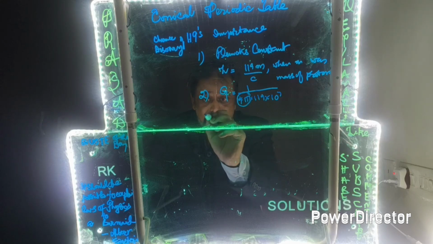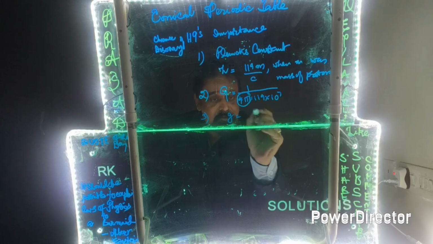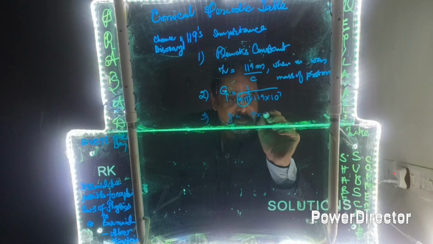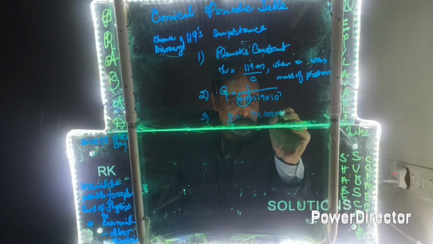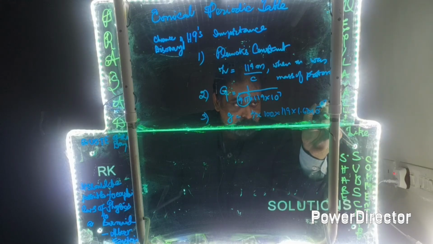Then the third time, while computing the acceleration due to gravity, it turned out to be 4 into 100 into 119 into 1.67 into 10 raised to minus 27.